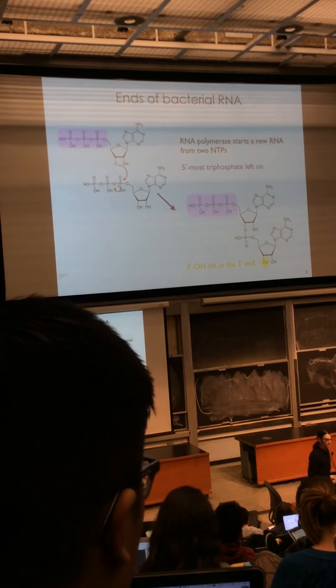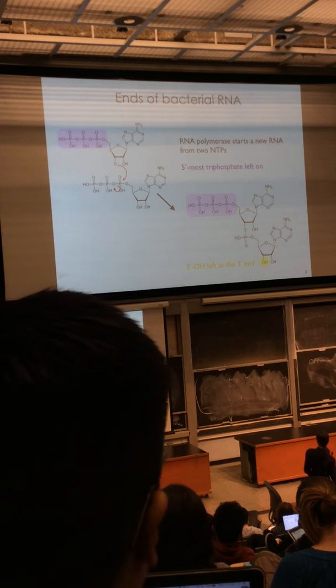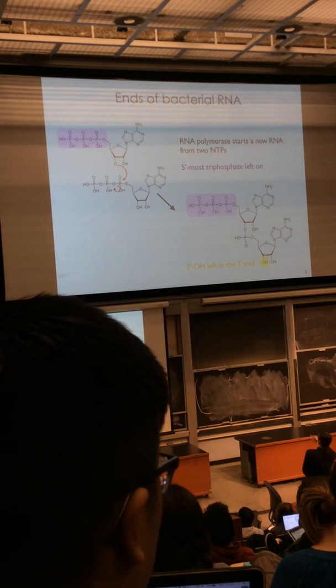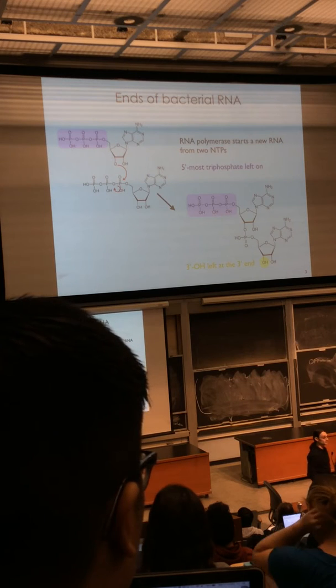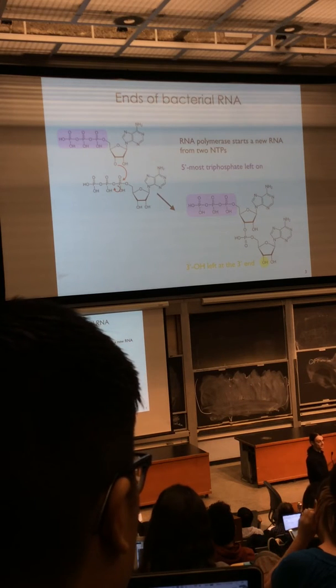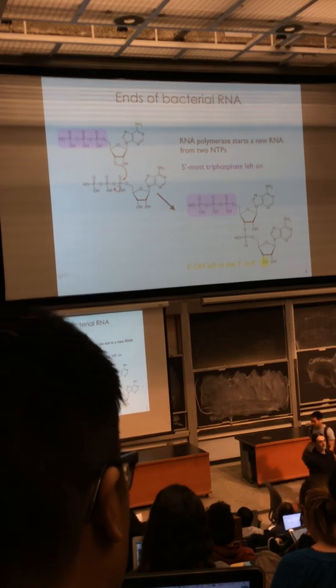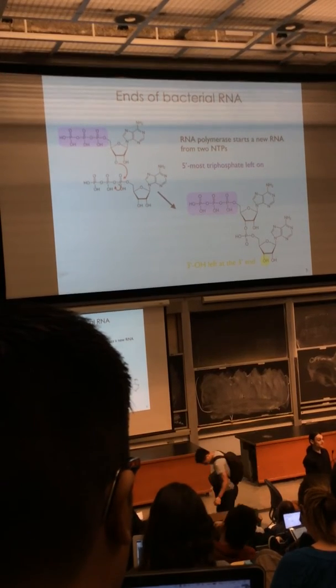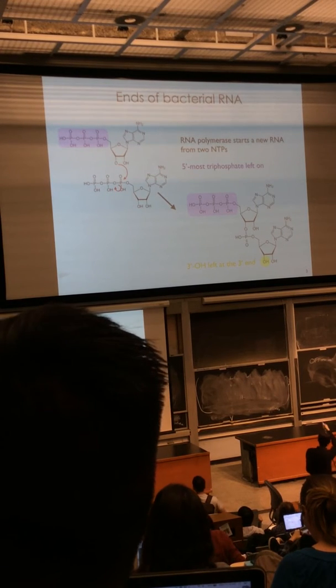When it starts a new strand, the first nucleotide triphosphate incorporated is not the subject of nucleophilic attack, and the 5' triphosphate is left on the end of that very first nucleotide. That's the state of the 5' end of an RNA in bacterial cells for essentially the entire life of that RNA.